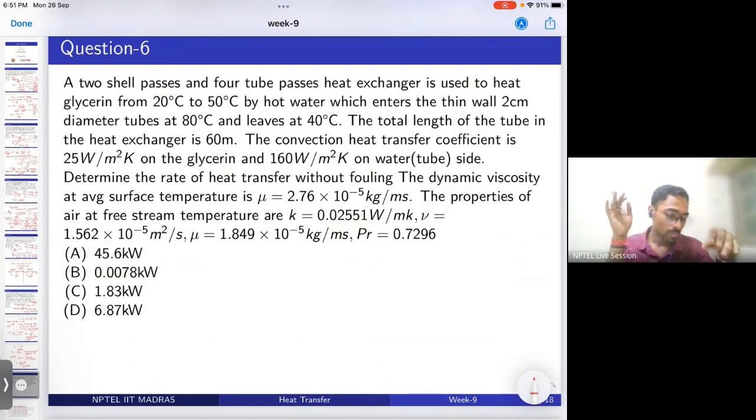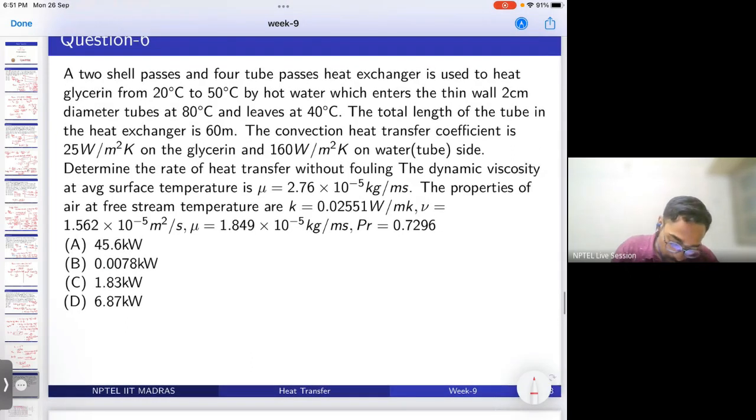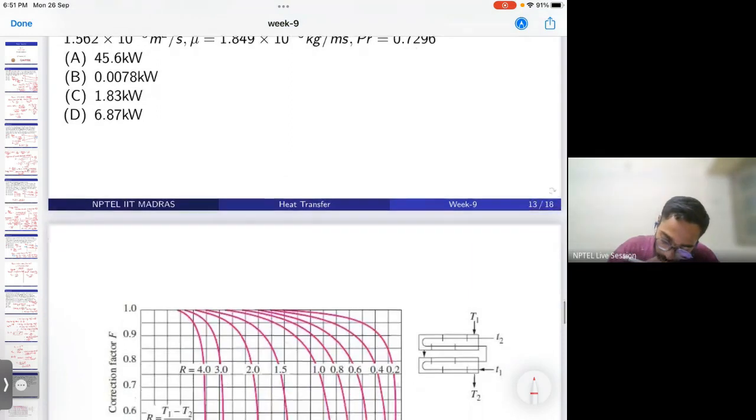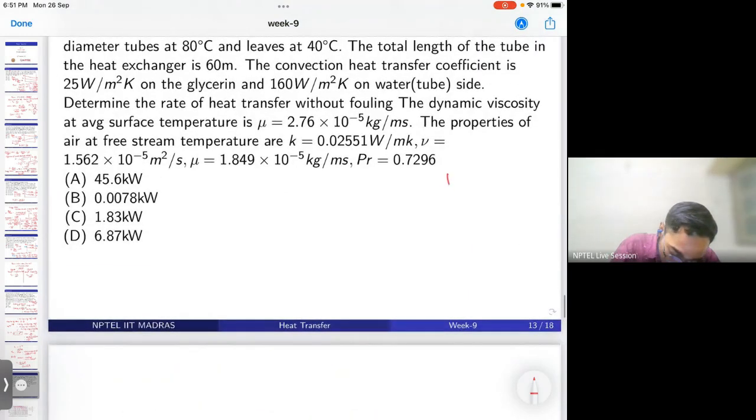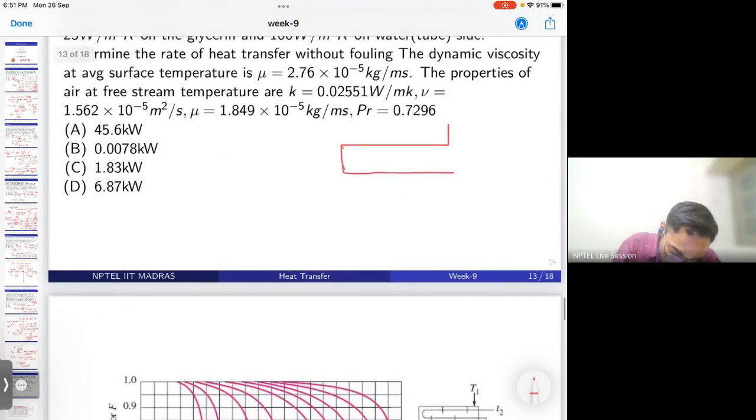Okay, so this is a special type of heat exchanger. It's not a single pass heat exchanger. It's a shell type heat exchanger with multiple passes. So this will be somewhat like this.